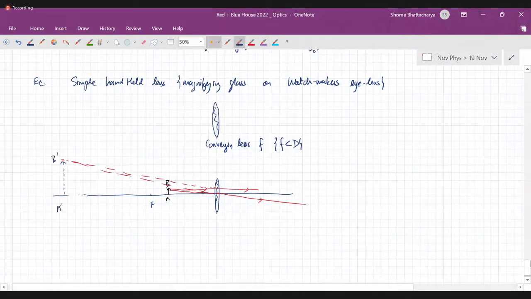And you can see that the optical size of the image, the angular size of the image, will be this theta. So I'll draw a diagram more carefully.